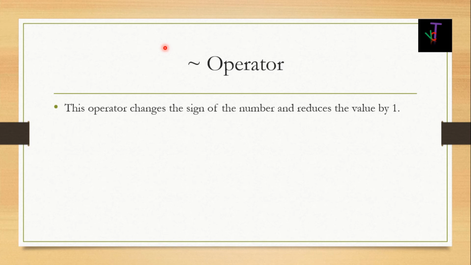Now an example. If num is equal to 5, then changing the sign will be -5, and then that will give you -5 -1. You will have to do for the tilde operator, and that will give you -6. I'll show this to you in Python.